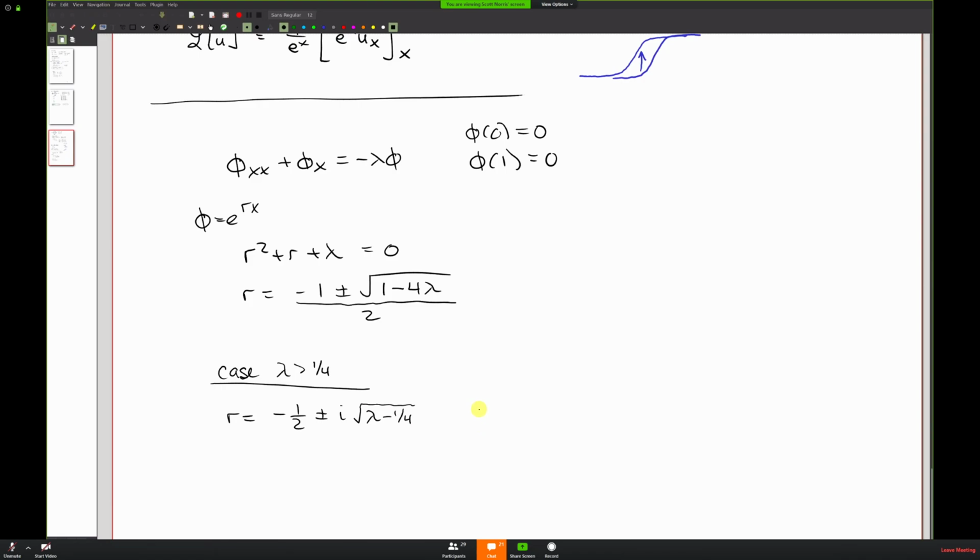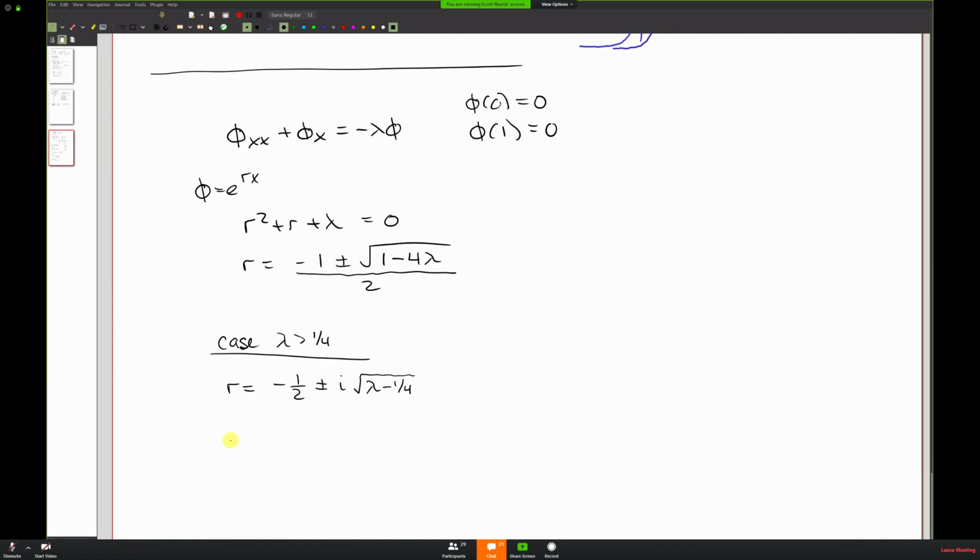Okay, and so what are the eigenfunctions here? They are e to the -1/2 x, e to the plus or minus i square root lambda minus 1/4 x. All right, this just is what it is.